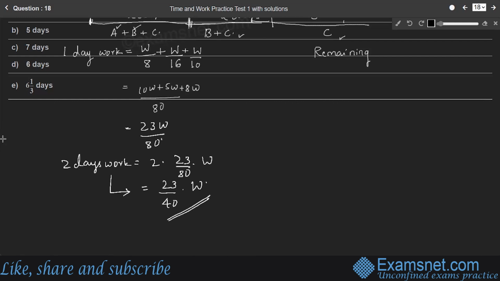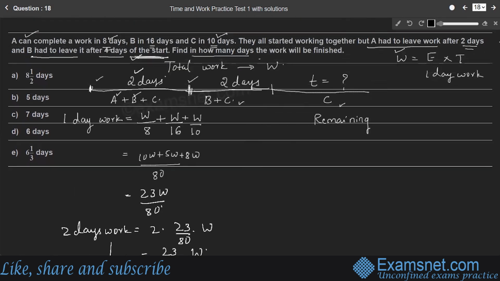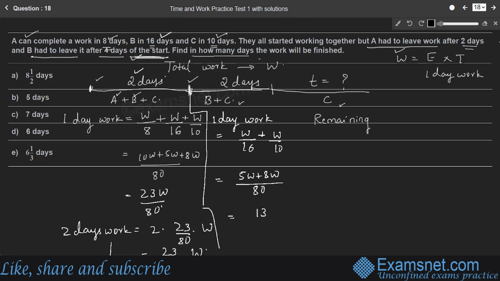Whereas in the next 2 days, B and C will be working. So we'll consider their 1 day work, then their 2 days work. B's 1 day work is W by 16 because B takes 16 days to complete the whole work, plus C's 1 day work is W by 10. Since 80 is the LCM, the numerator becomes 5W plus 8W, and it becomes 13W by 80.